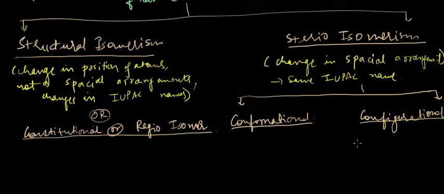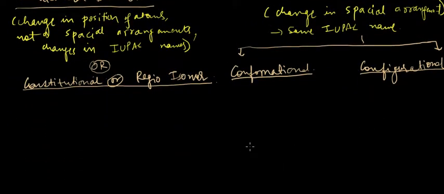Now as I talked about 6 more branches of structural isomerism, I'll just list them out. We'll be talking in detail about each and every one of them in a few seconds.